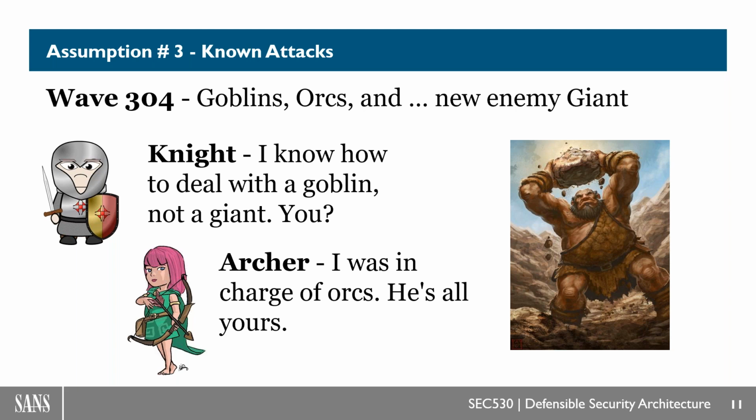In the castle, this would be more like you have knights. Knights are designed to attack the goblins. Archers take care of the orcs. You've been fighting wave after wave after wave of all these different creatures, all these known attack vectors, and then, on the 304th attack wave, all of a sudden a giant starts walking across the hill. And then it's like, uh-oh, we don't know how to deal with that. And it's game over at that point.